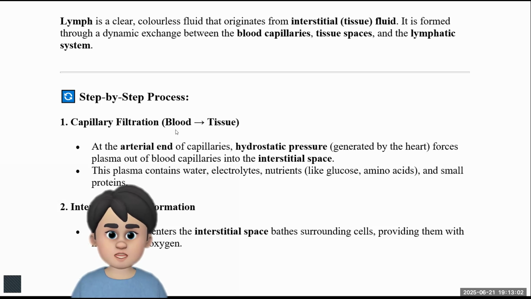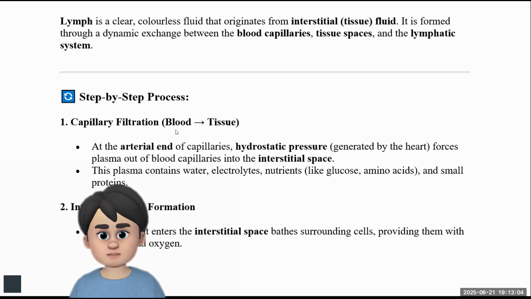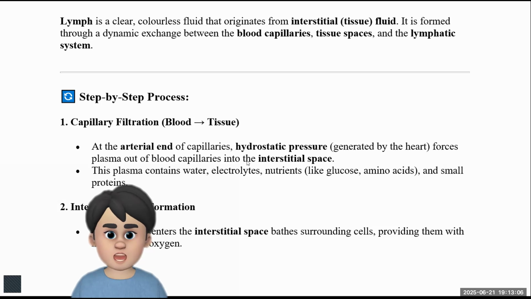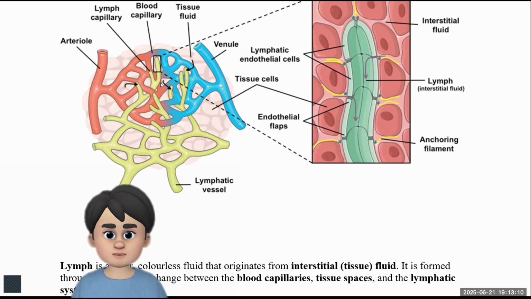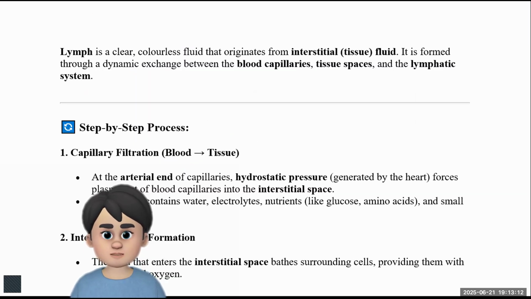At the arterial end of the capillaries, hydrostatic pressure generated by the heart forces plasma out of the blood capillary into the interstitial space. So these are the interstitial spaces. Right. Then this plasma contains water, electrolytes, meaning different ions, and nutrients like glucose, amino acids, and small proteins, right?